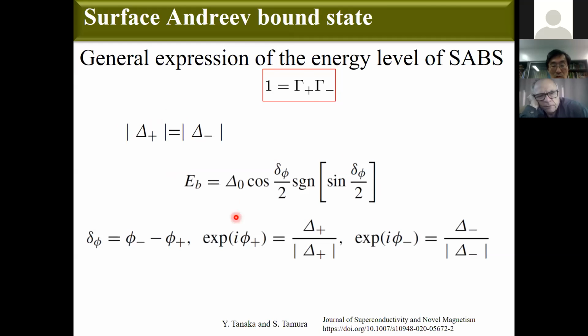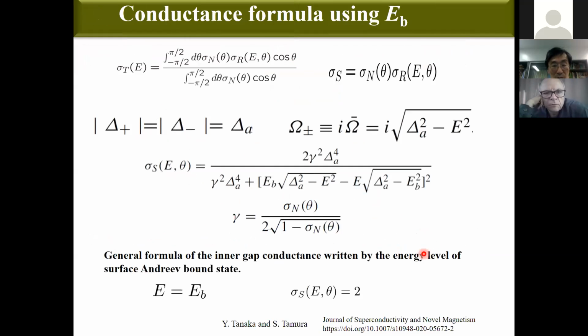Then the bound state solution can be given like this, with delta phi equals phi minus phi plus, and exponential i phi and exponential minus i phi given like that. After some calculation, we get an interesting formula.